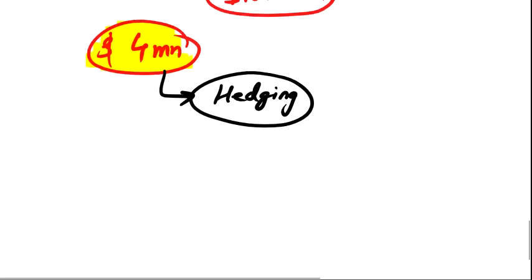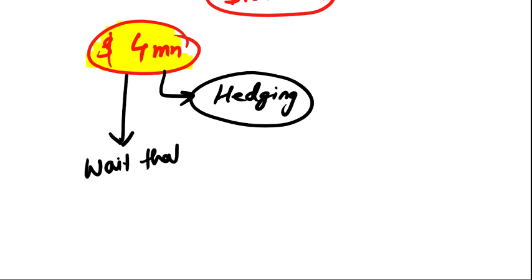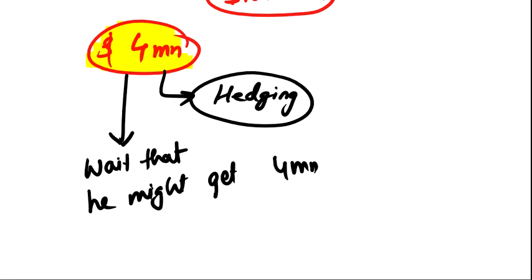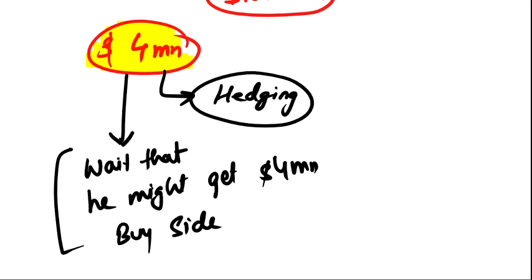So he needs to do hedging. Or another option, he needs to wait until he gets $4 million on the buy side. But what if it takes a huge amount of time and he makes the loss?